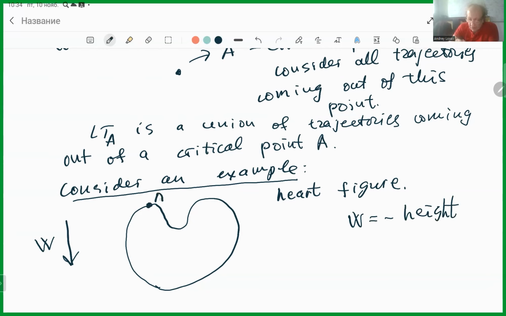So there are critical points A, B, C, D. And there is a trajectory going like this, and trajectory going like this. There is a trajectory going from A to C, a trajectory going from B to C.